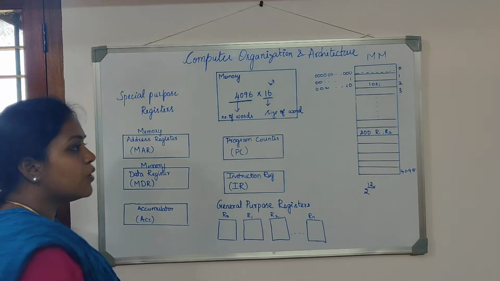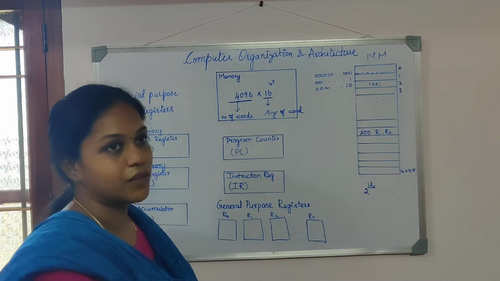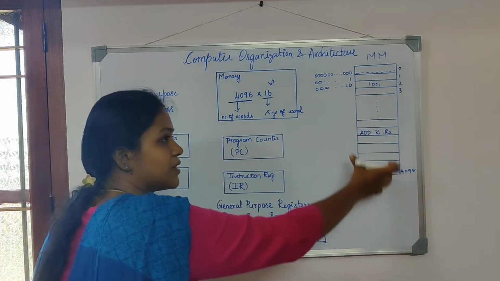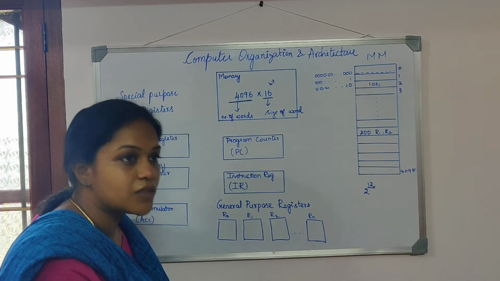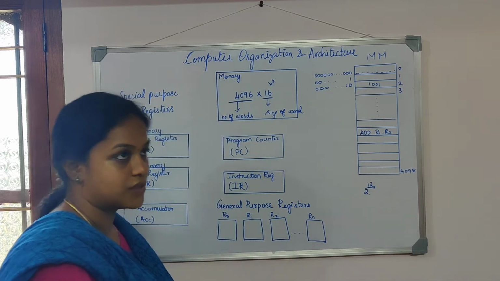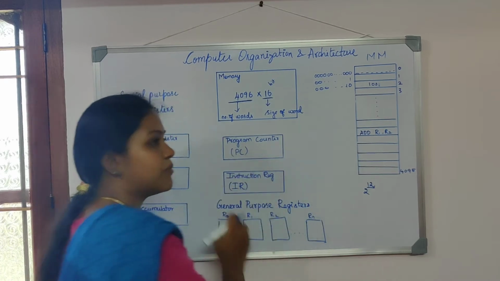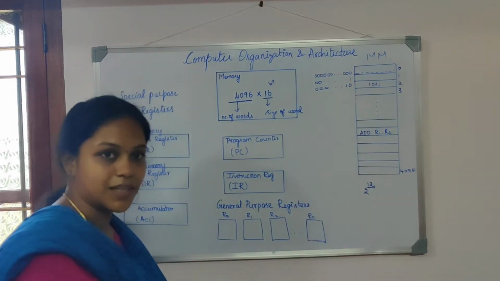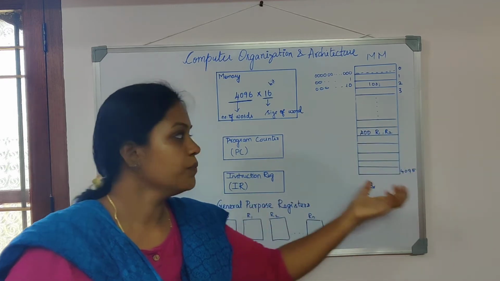Now we saw that in execution of a program, all your instructions are first brought into the main memory, and instructions are fetched one by one by the processor and the processor will execute the instruction. So the instruction is available inside the main memory, and the data is also available inside the main memory. So this is how your instruction will be: add R1, R2.